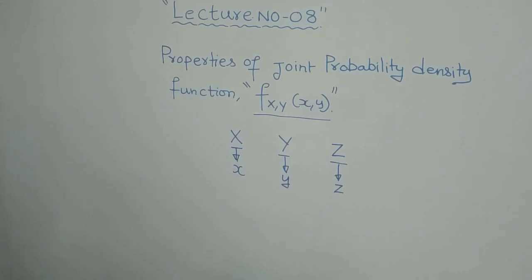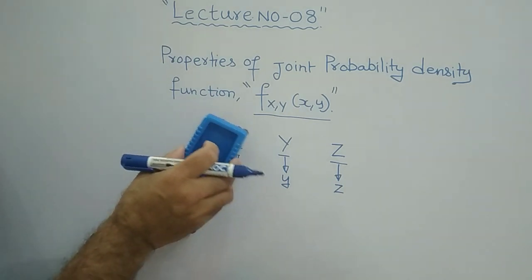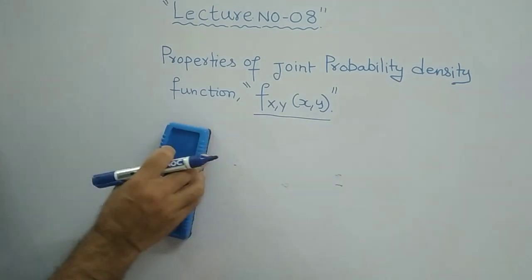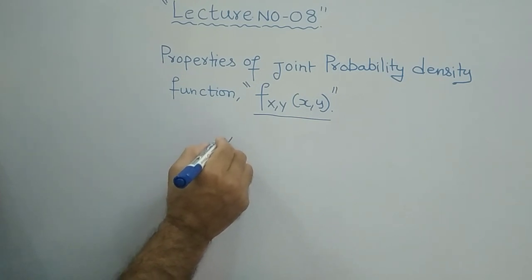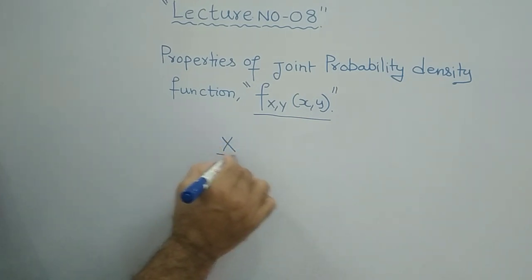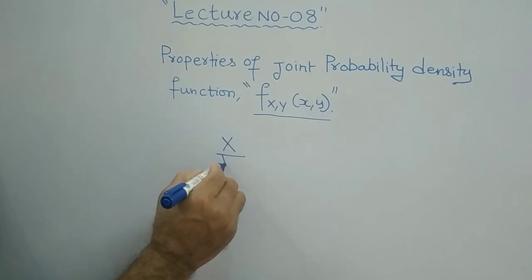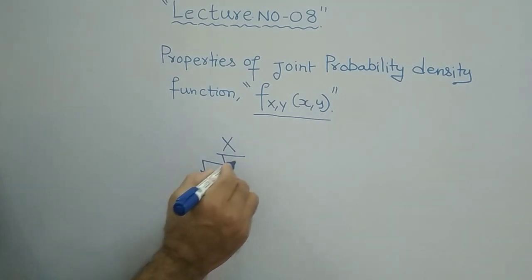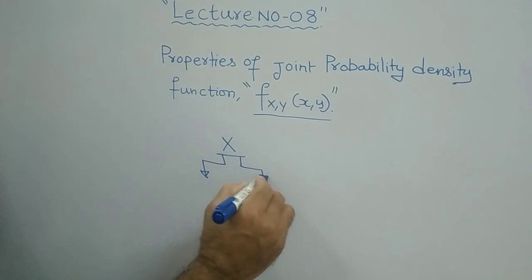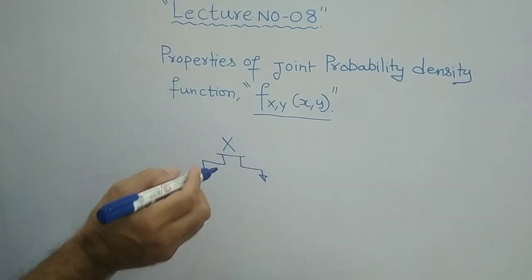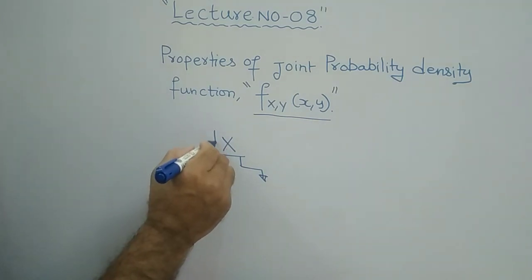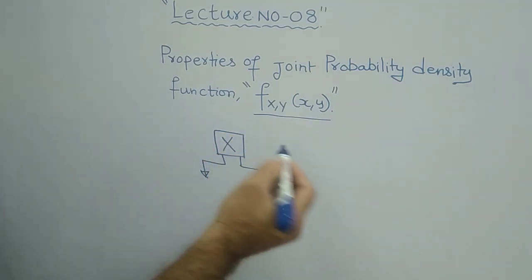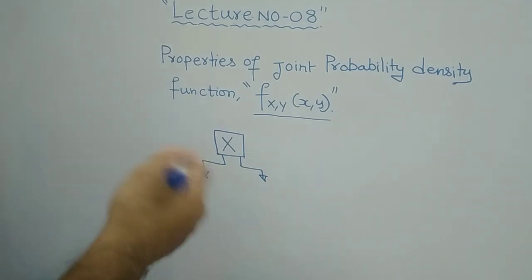And we have seen in the last presentation the distribution function. For any random variable X, or Y or Z, whatever it is, there are two types of functions.